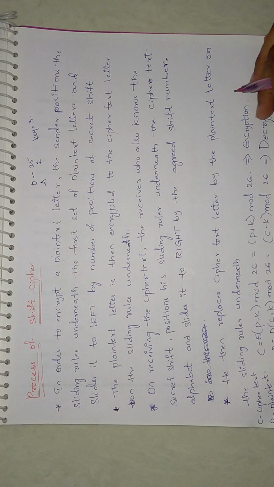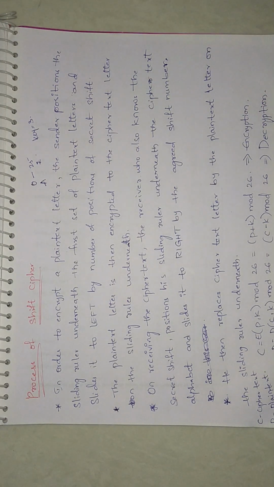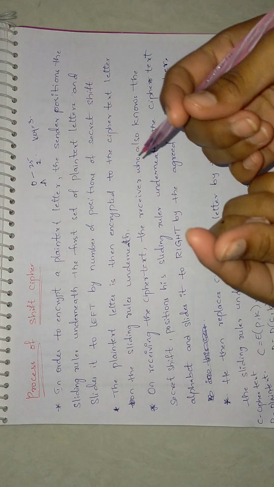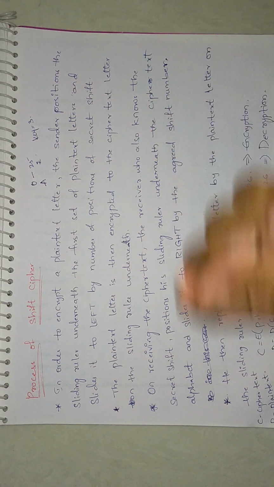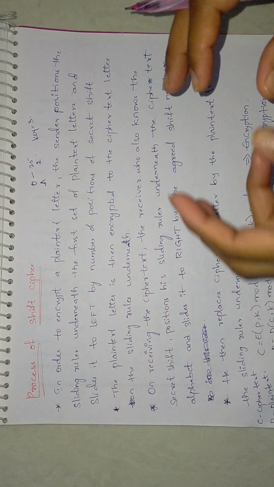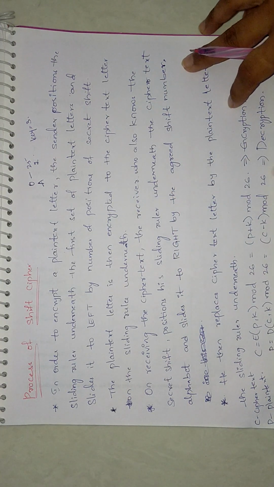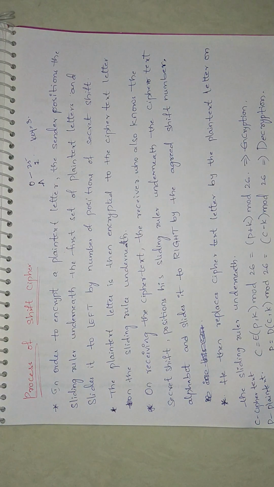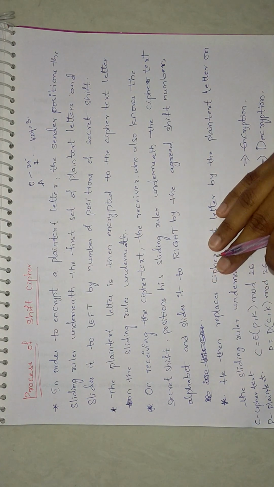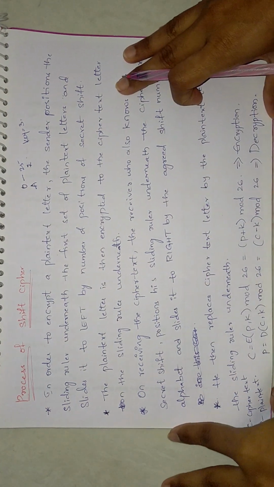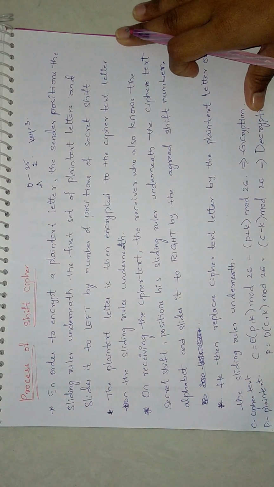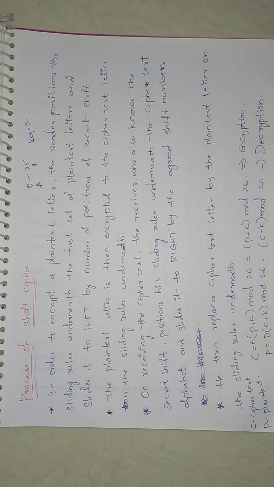On the receiver side, they will use the same key to convert the received ciphertext to the plain text. You have to move this slider to the right, and then to the left, so based on the letters you receive, you adjust the ruler. Without the ruler also we can perform this operation.